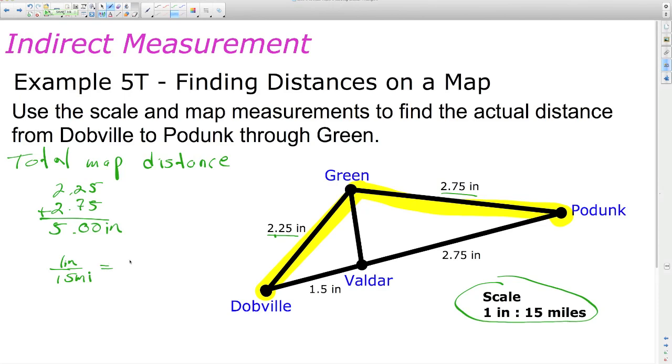And that's going to be equal to 5 inches to how many miles? X miles. So when we solve this, x times 1 is x, and 15 times 5, of course, that's 75. So the actual distance from Dobville to Podunk, but going through Green, is 75 miles.